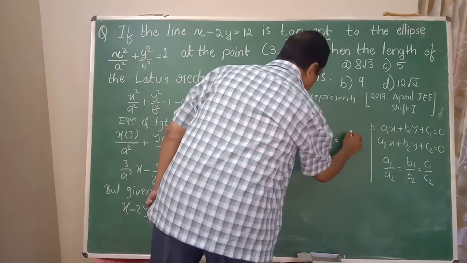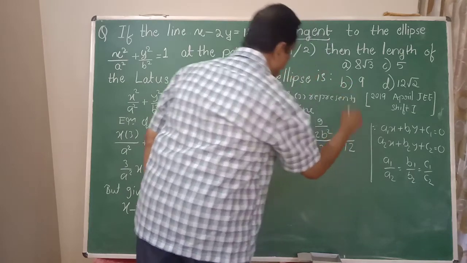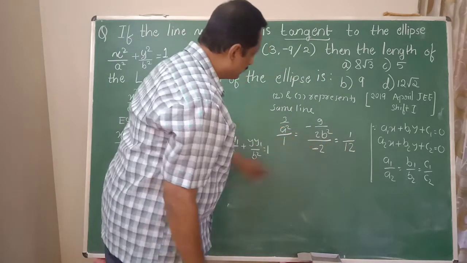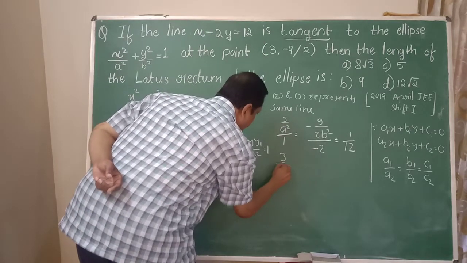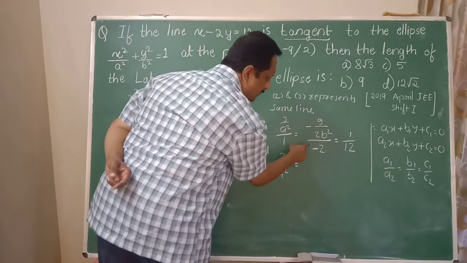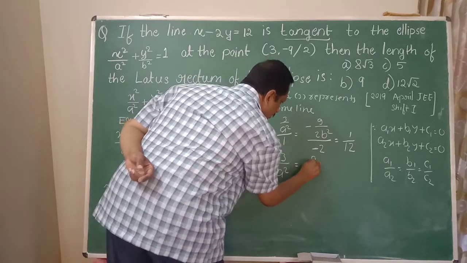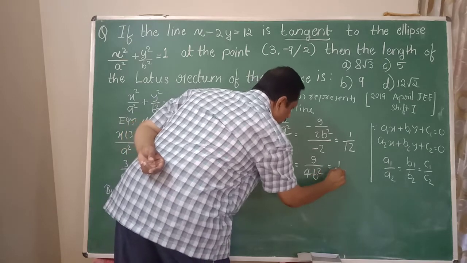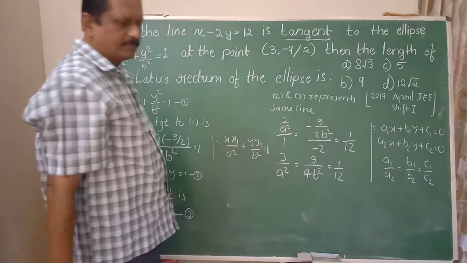Take a square to the denominator and 2b square to the denominator. Minus upon minus becomes plus, so 3 divided by a square is equal to 9 divided by 4b square, which is equal to 1 divided by 12.